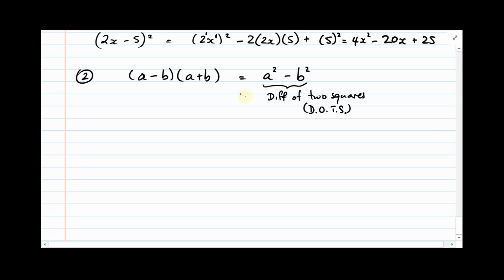Right, so remember that the equal sign is just 'is equal to'. What would I say on this side? If you recall, this is the product of the conjugates. Product of the conjugates is the difference of two squares.